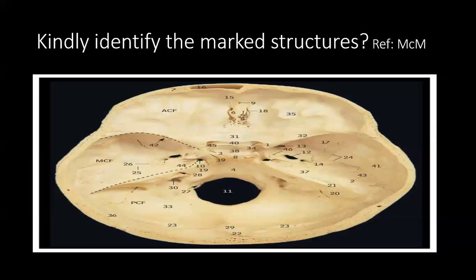Would you be able to tell me what structures pass through number 11? Spinal cord and the lower end of the medulla. Anything else? And spinal artery and vertebral artery enter the skull through the foramen magnum.